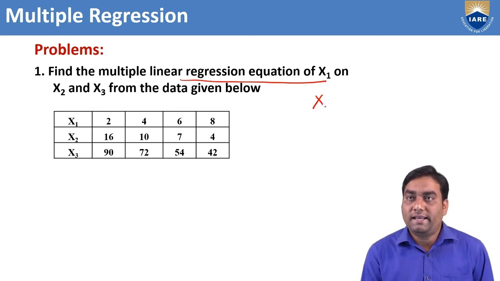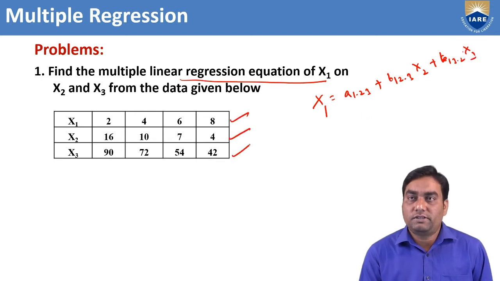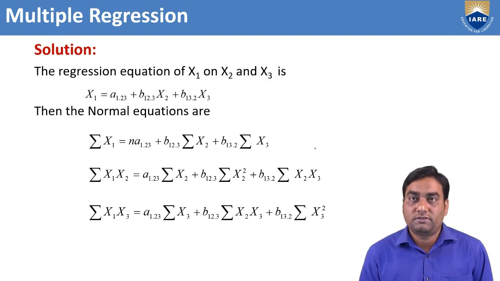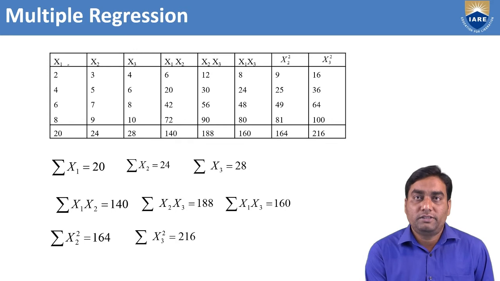What is the formula? x1 equals a 1.23 plus b 12.3 into x2 plus b 13.2 into x3. We have x1, x2, x3, and we can use the normal equations. Now draw the table using the x1, x2, x3 values.